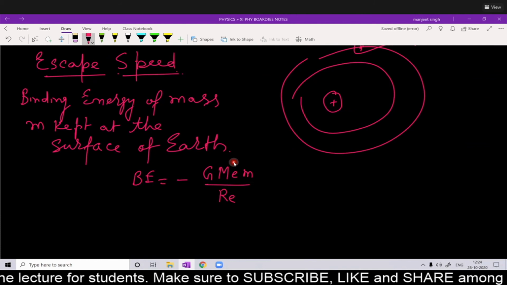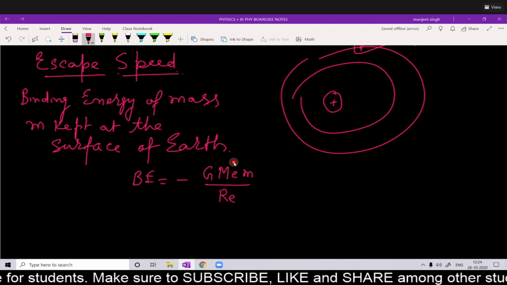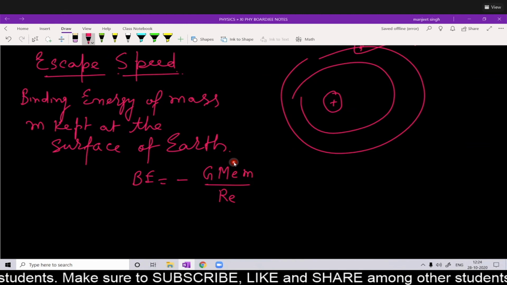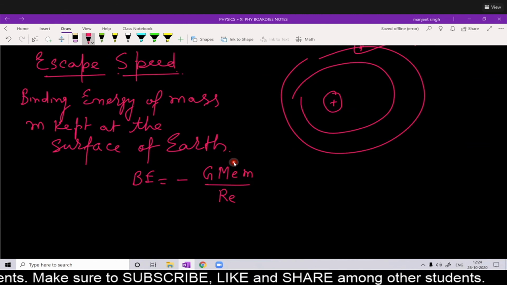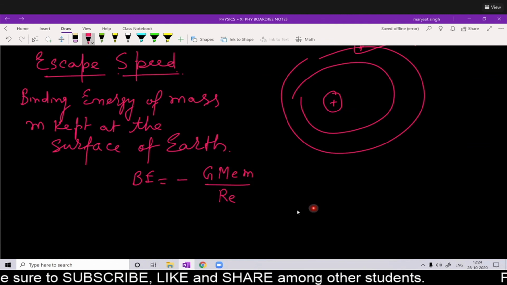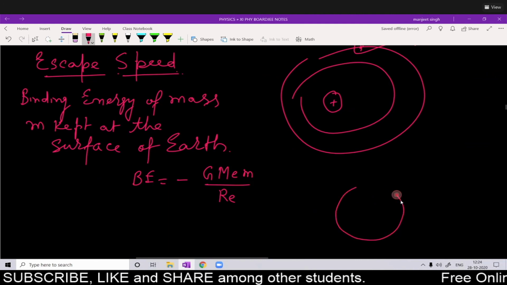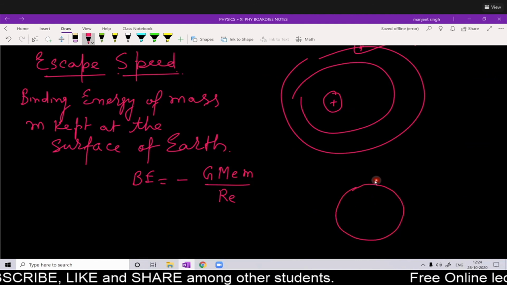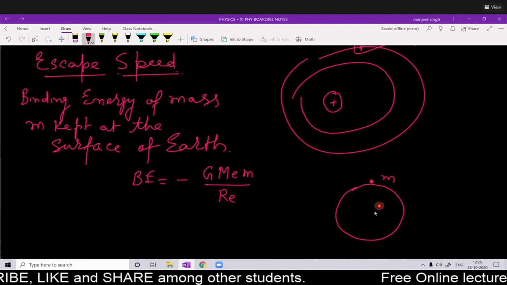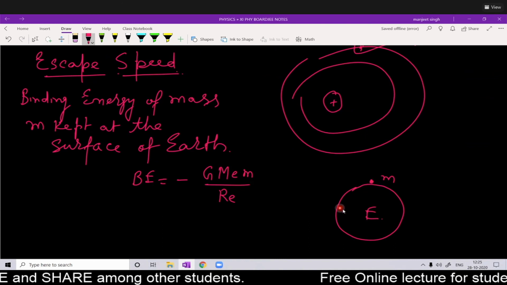Now suppose this binding energy is there, and we have to give a certain amount of energy to the body on the surface of earth. This is earth and this is a body of mass m on earth. Its binding energy is given by this factor.